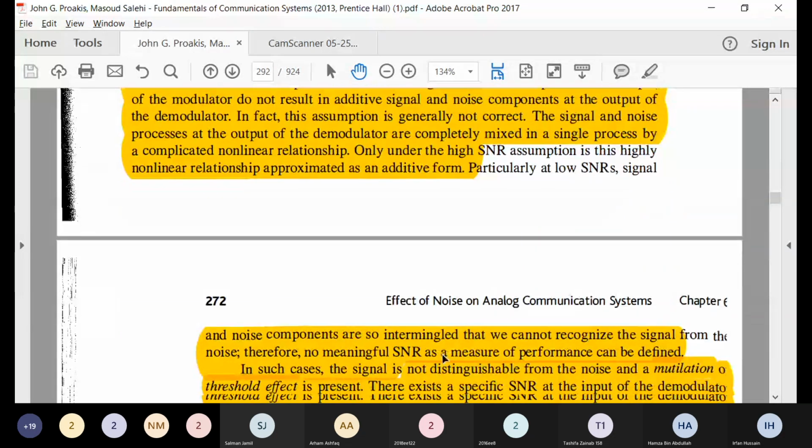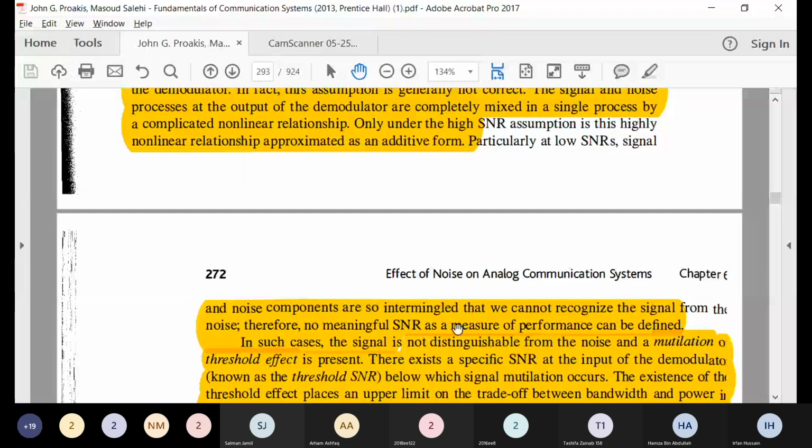At low SNRs, signal and noise get intermingled, and we cannot recognize the signal from the noise. So therefore, the SNR cannot be defined. So this is the threshold.